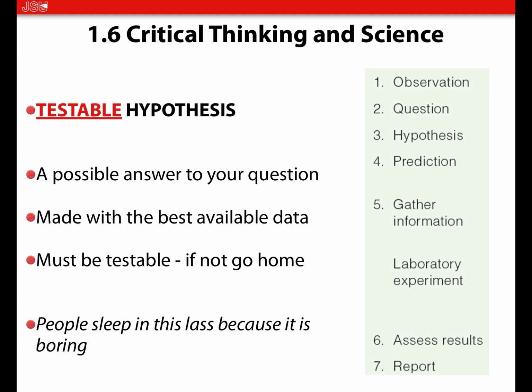Well, can I really test that? Not really. So you really need a testable hypothesis for science. You can use computer models, you can use actual empirical data, it depends, but it has to have some way to test it.